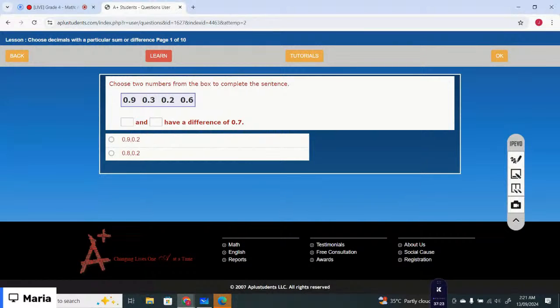So now you are given four numbers, right? Just make a pair of the numbers and let's see when they are subtracted, they have the answer 0.7. So which is the correct option?